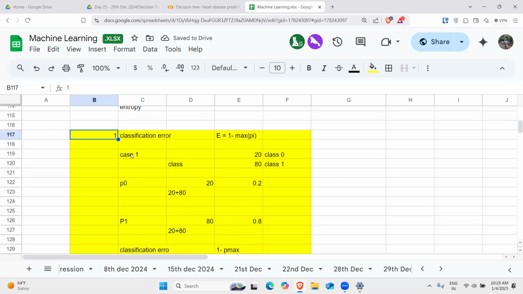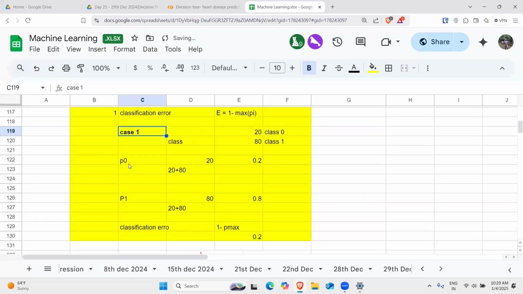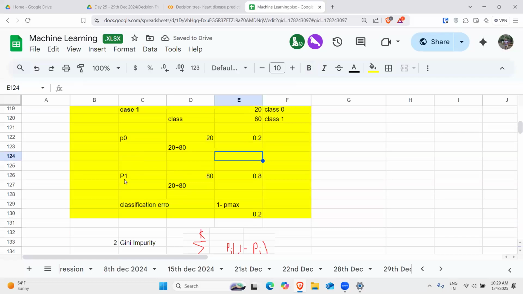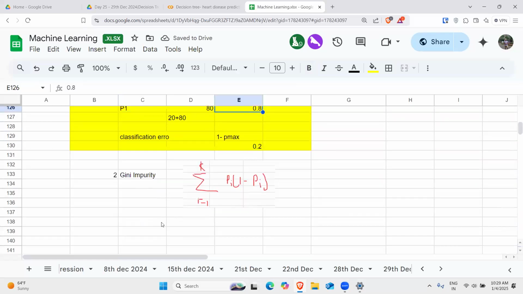Now in this case, case 1, probability of 0 is 0.2, probability of 1 is 0.8. So the formula becomes probability of 0 into 1 minus probability of 0, plus probability of 1 into 1 minus probability of 1.